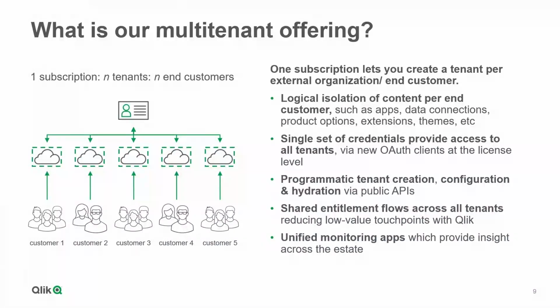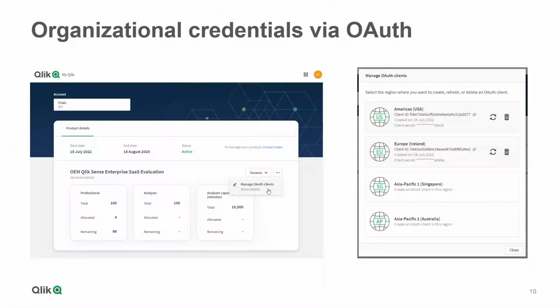It helps you with the entitlement as well, so sharing the products and features that you've purchased from Qlik across those tenants, so that you don't need to come back to us to ask us to assign something to a specific customer. You can do that yourself. And you can use it with unified monitoring apps, which give you insight across the estate. If I just quickly flash up the organizational credentials, this sits at that top level across the subscription.